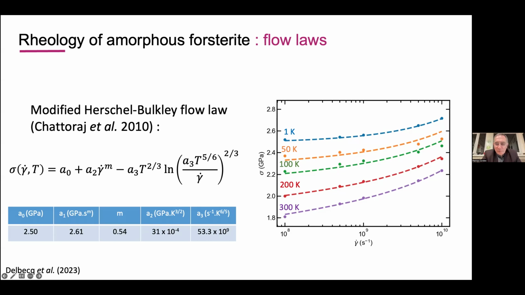It's in progress. We did some annealing experiments on the amorphous olivine deposited by the PLD. So we see that crystallization occurs, not surprisingly, around the glass transition temperature, which is around 900 degrees C, something like that.